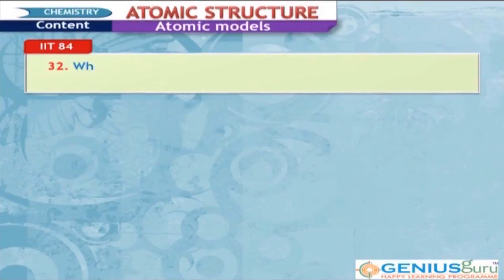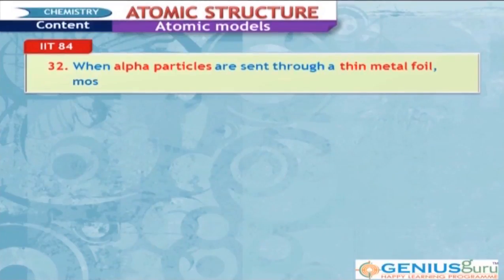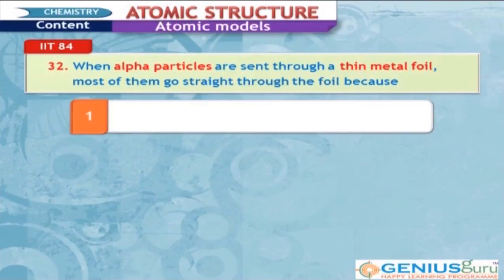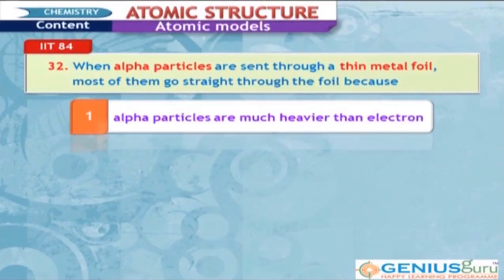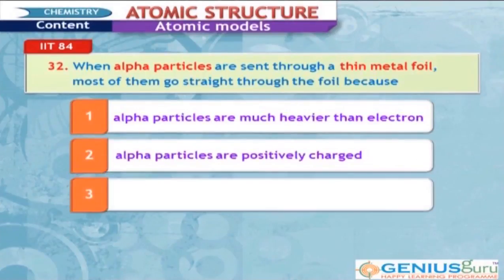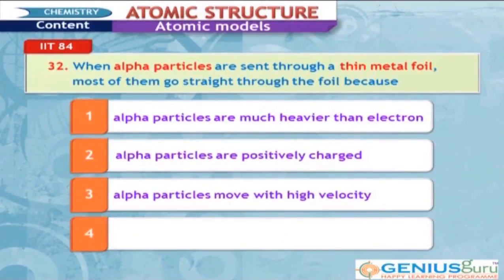Next question. When alpha particles are sent through a thin metal foil, most of them go straight through the foil. This is because of. Here are the options. The first one is, alpha particles are much heavier than electron. Second option, alpha particles are positively charged. Third option, alpha particles move with high velocity. And fourth option, most part of the atom is empty.